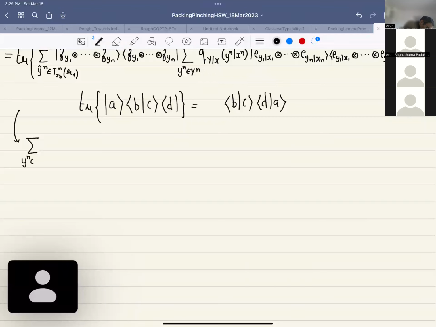Sum over yn belonging to Yn, y hat n belonging to T2 delta n Ry.